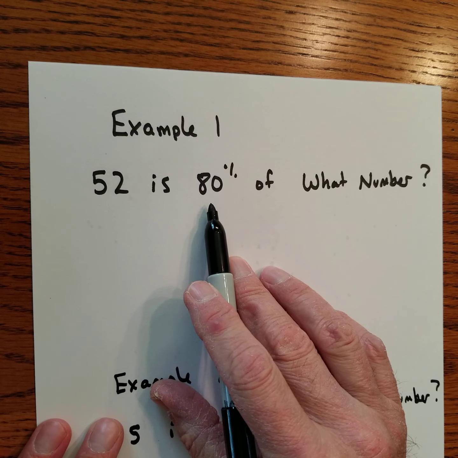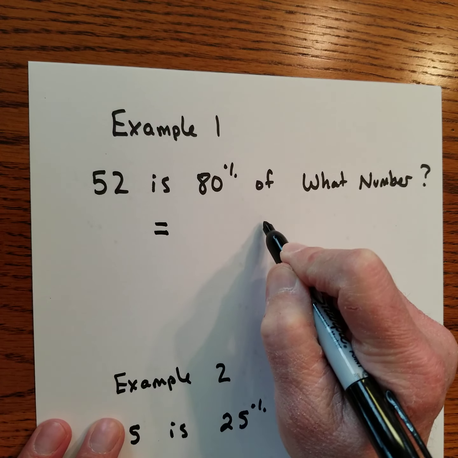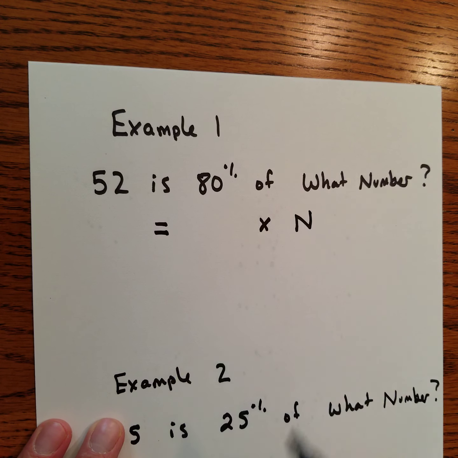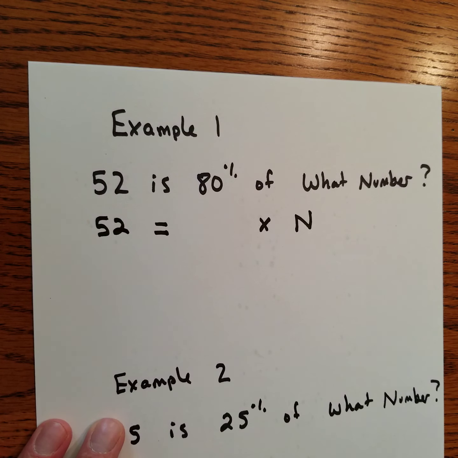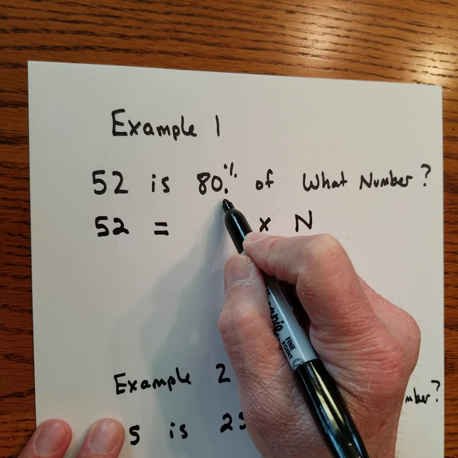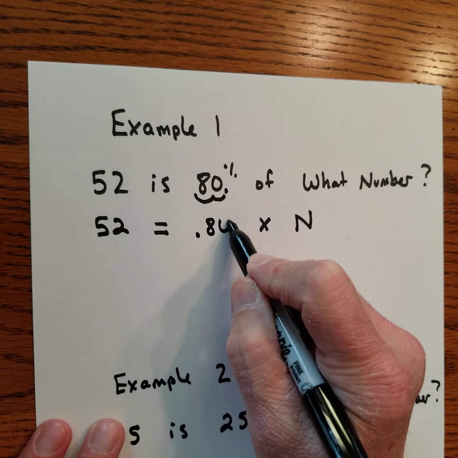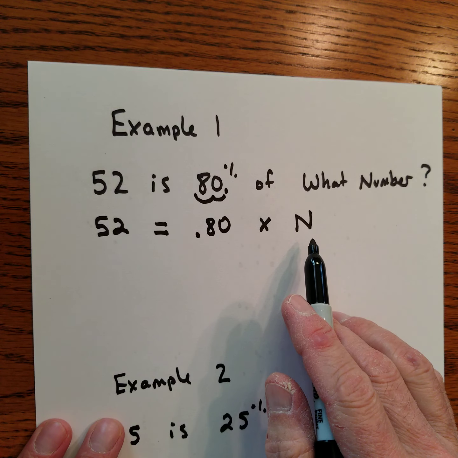Let's try it. We'll remember that is equals, of is times, what number, that's what we're looking for. 52 is just 52. And anytime I see a percentage, we change the percentage into a decimal. Now we should solve that equation for n.